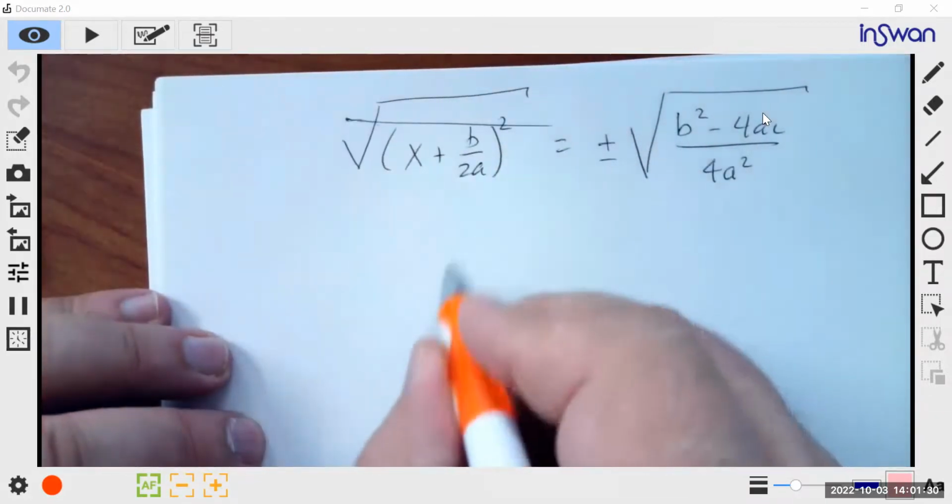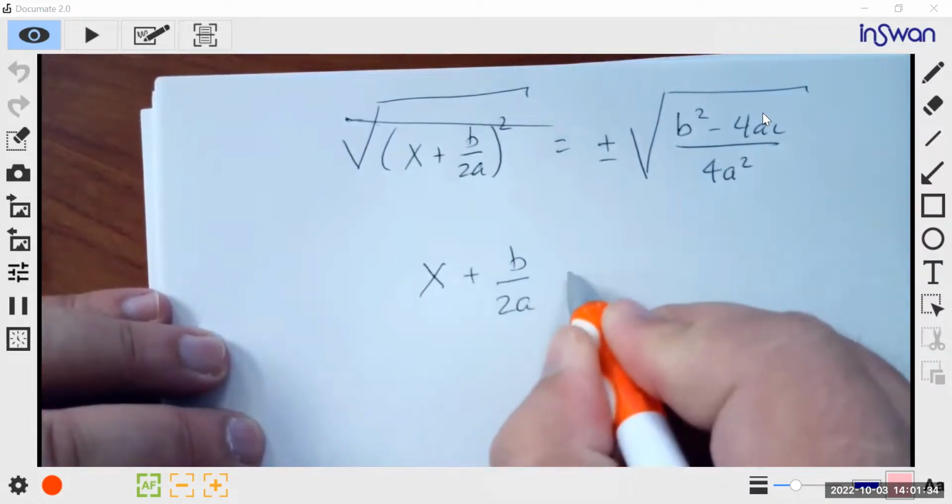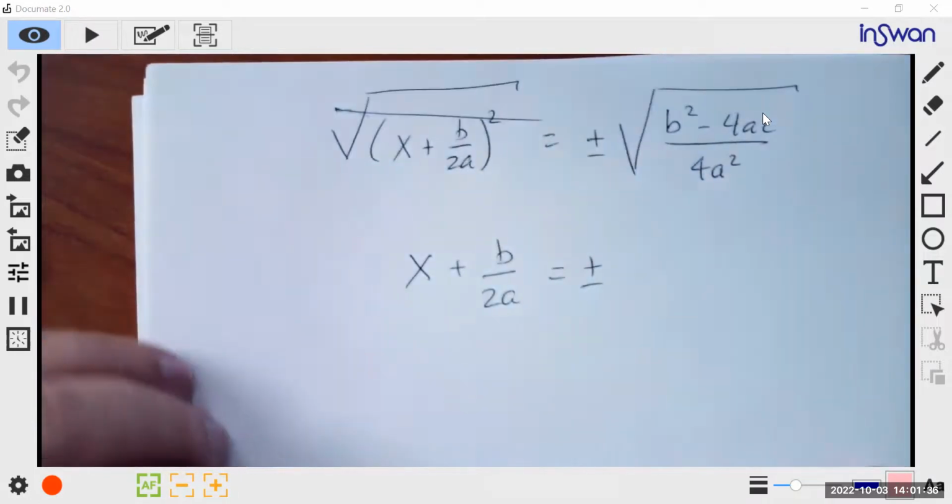So that cancels. So we have X plus B over 2A equals plus or minus.